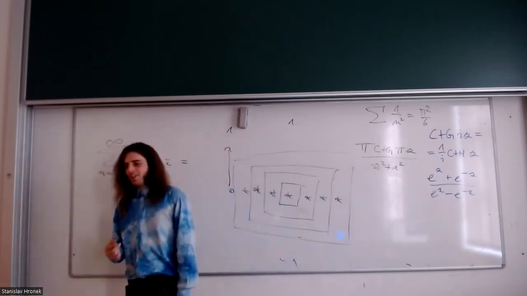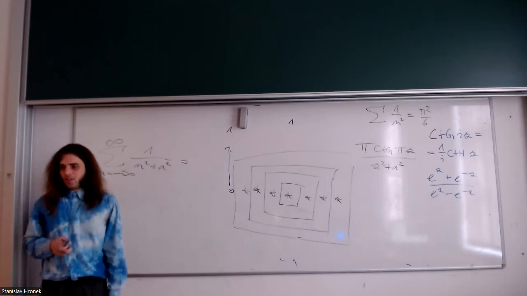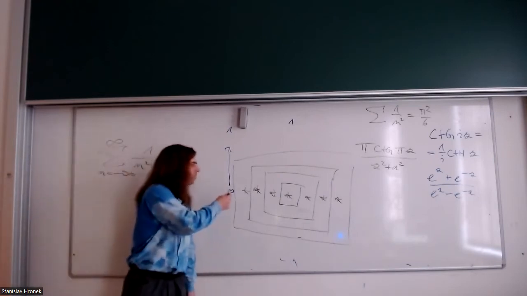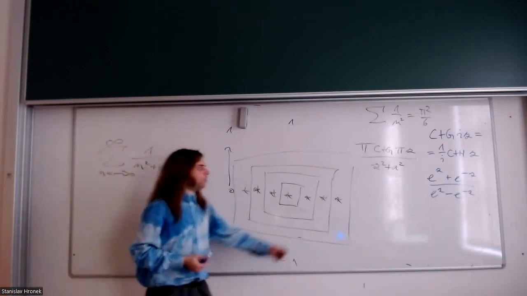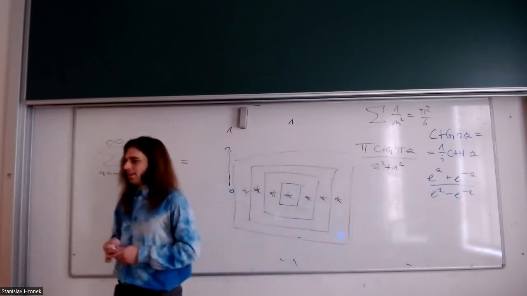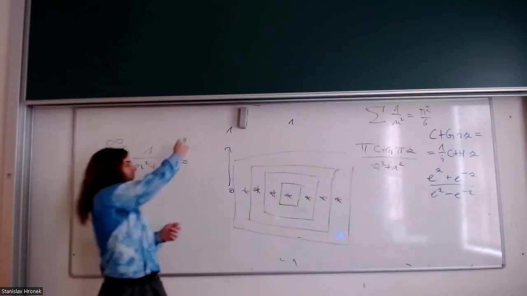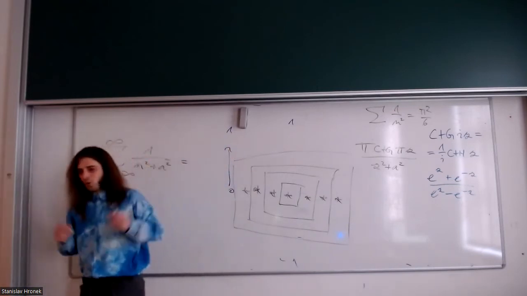So in the end, we are going to get something that quickly goes to zero. And this is a thing that is nice to know, because you can't do this with any function. You need to have some guarantees that it behaves nicely at the infinitely far away points.